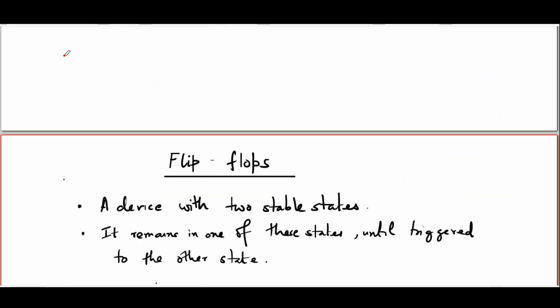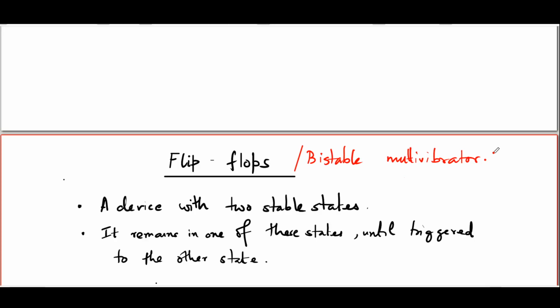As the alternative name, bistable multivibrator suggests, a flip-flop is a device with two distinct stable states. Now, because the states are stable, a flip-flop remains in one of these two states until triggered by an external impulse to the other state.